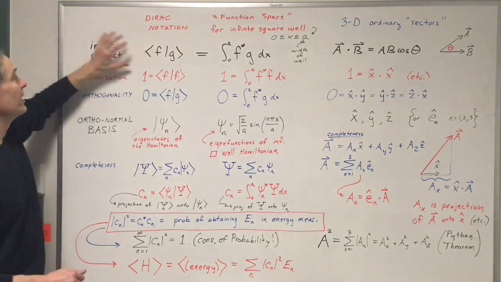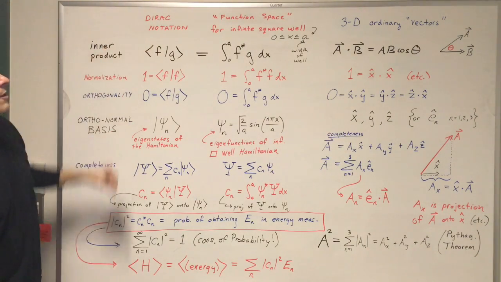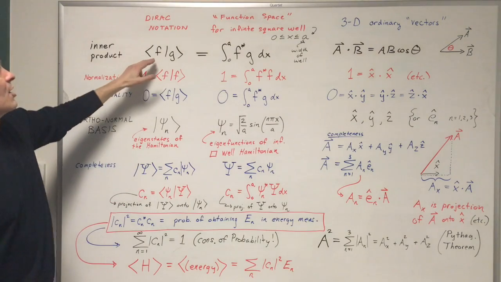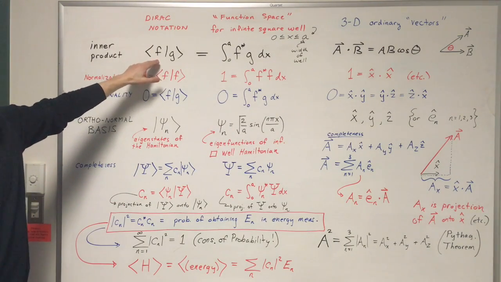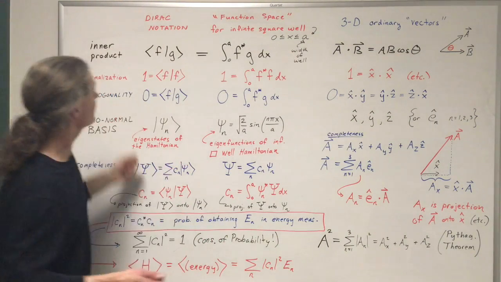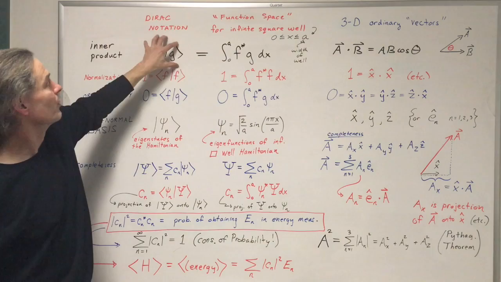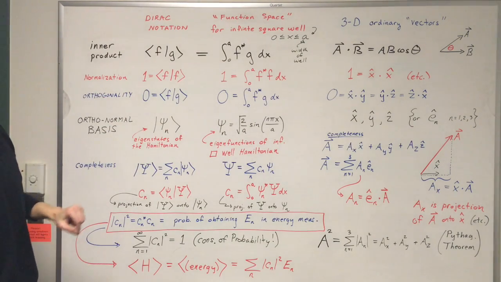More generally, we can represent that more abstractly with Dirac notation. We can imagine some quantum state f, some other quantum state g. We can take the inner product of those quantum states. We represent that with this bracket.